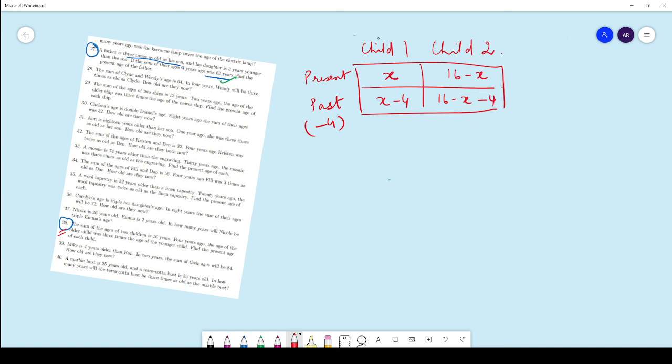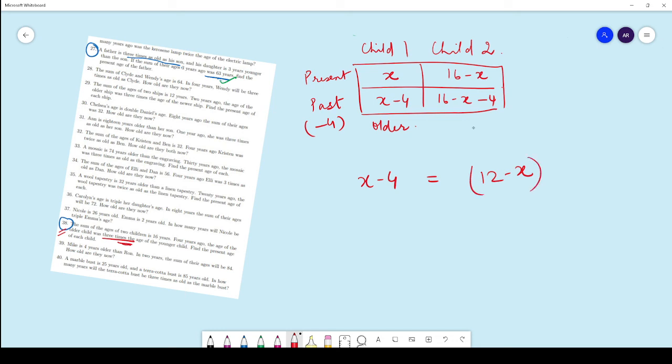Let us consider this child to be the older child, right? So x minus 4 and 16 minus 4 minus x, that makes it 12 minus x. Now 4 years ago, the age of the older child was 3 times the age of the younger child.